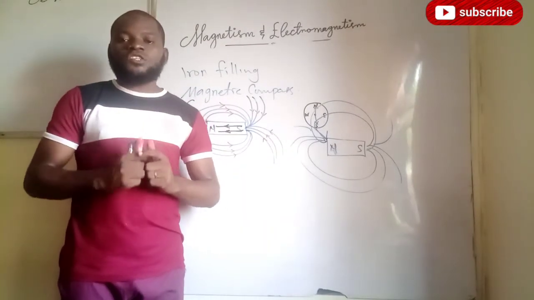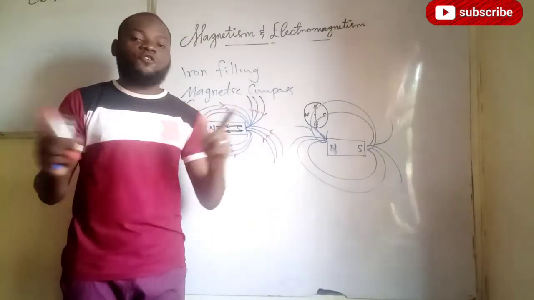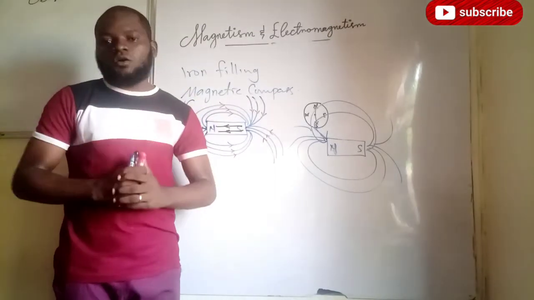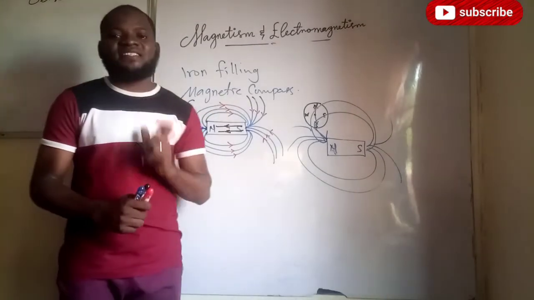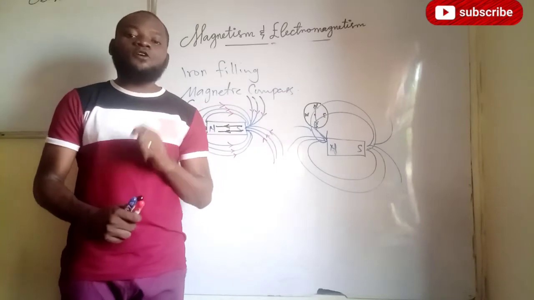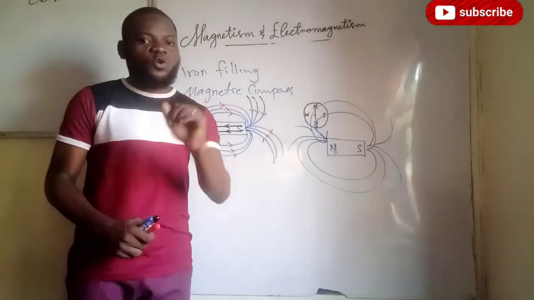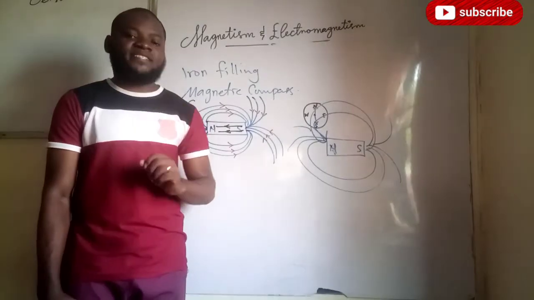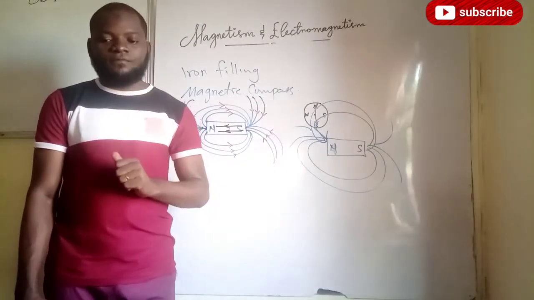Three, they cannot cross each other. They run from north pole to south pole outside a bar magnet, and they run from south to north inside the bar magnet. Those are the properties of lines of force. Do we understand that now?